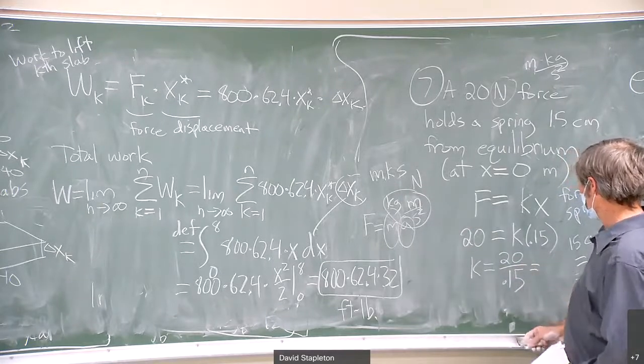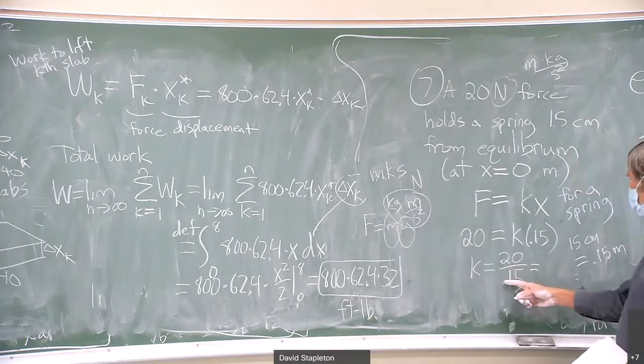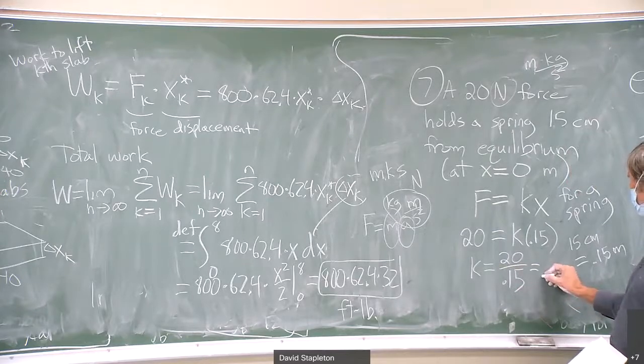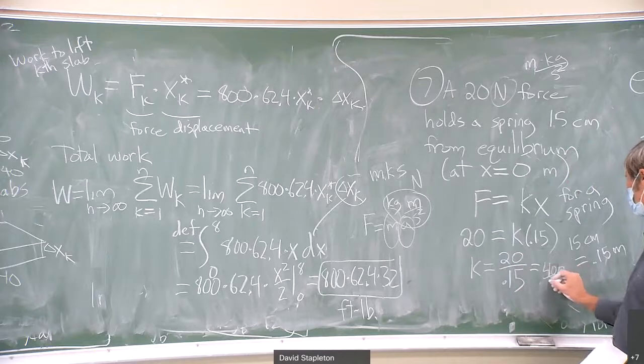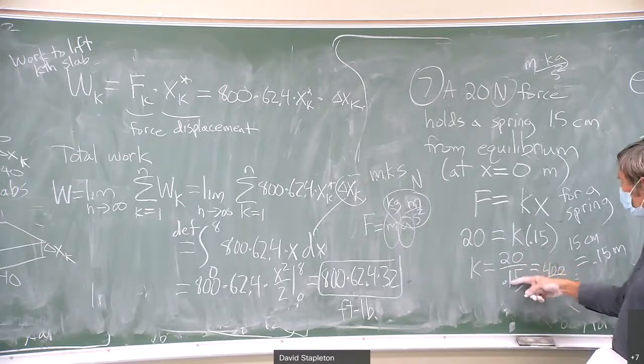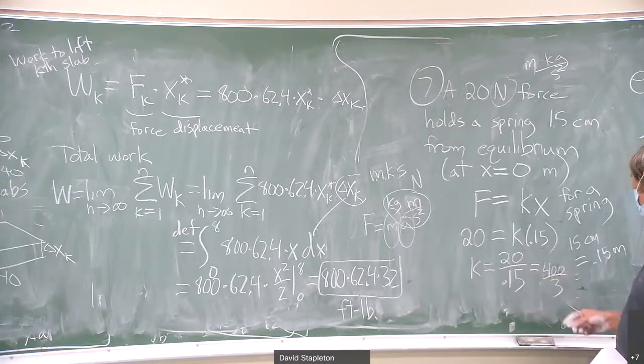Let's see. That's 4/3 times 1/100th, so that's 0.0, no, I'm 4/3 times 100, so I guess 400. So it's 4/3 times 100, it's 400 thirds.